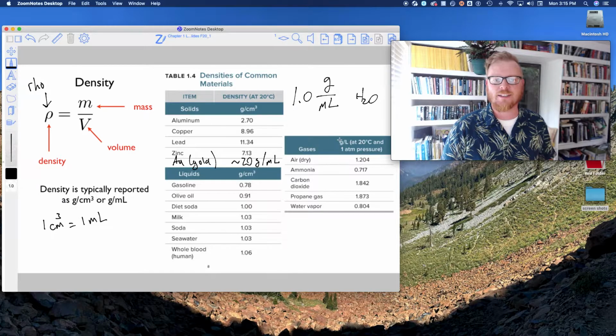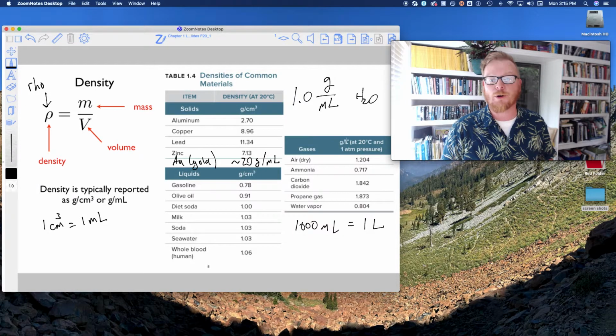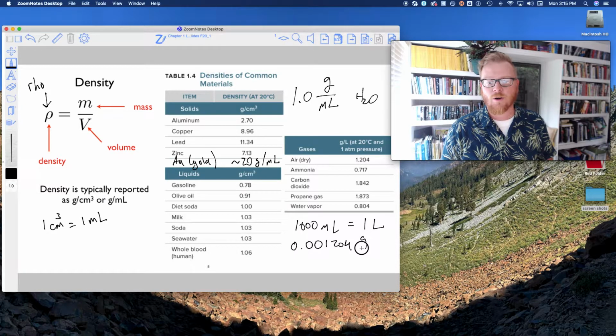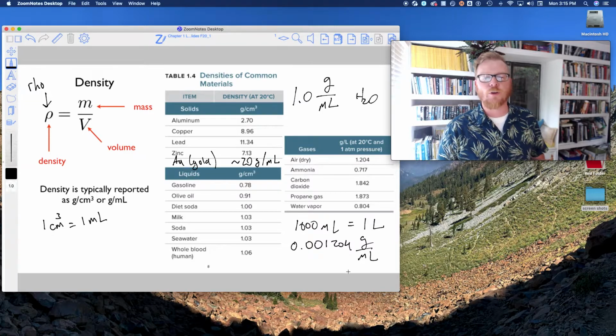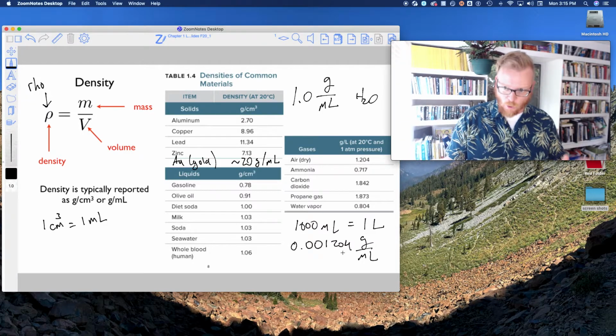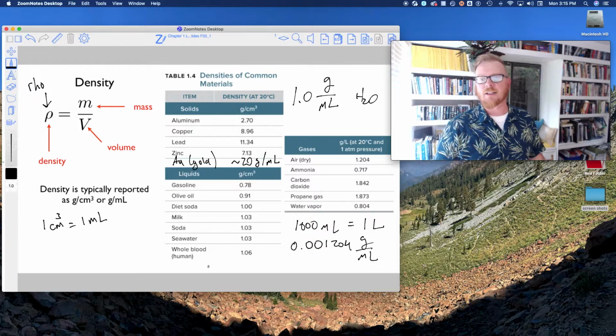Now if we compare those to gases, look at my unit here: grams per liter. We're going to learn this in the coming slides, but 1,000 milliliters equals 1 liter. So when we put here that the density of air is 1.2 grams per liter, that actually means it's 0.00124 grams per milliliter. Don't worry if you don't see how I did that quick math. We're going to get into this in a lot more detail.